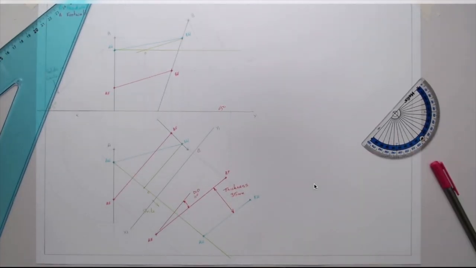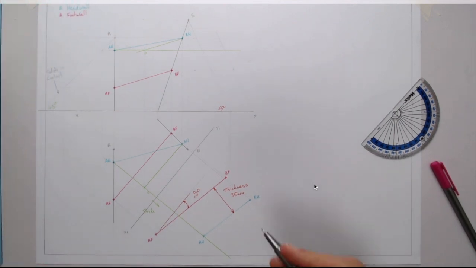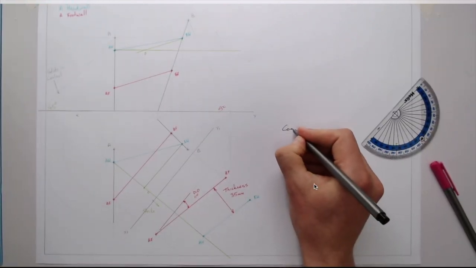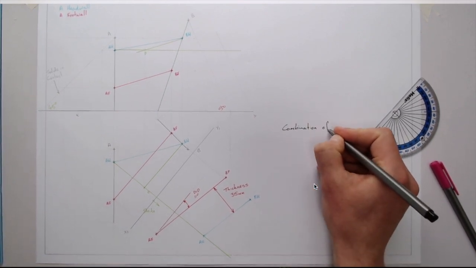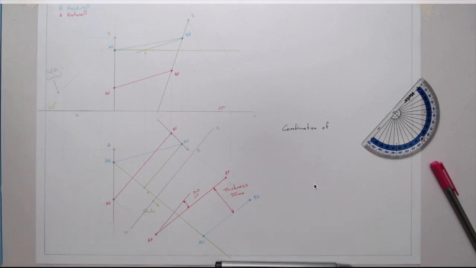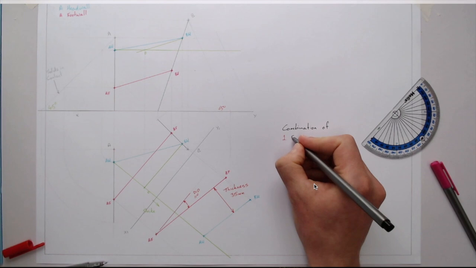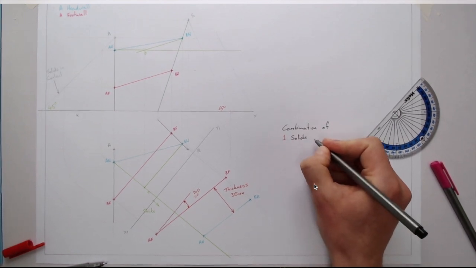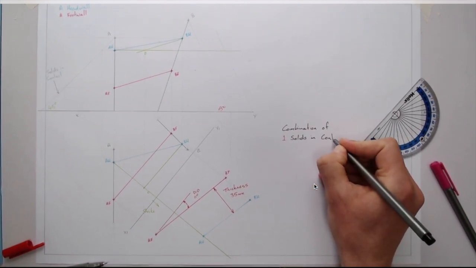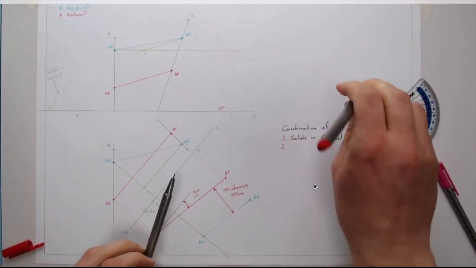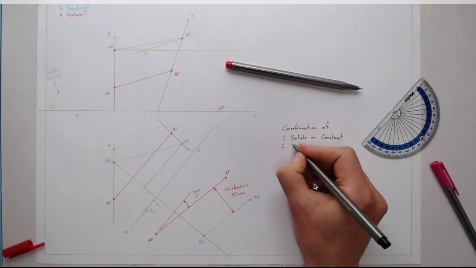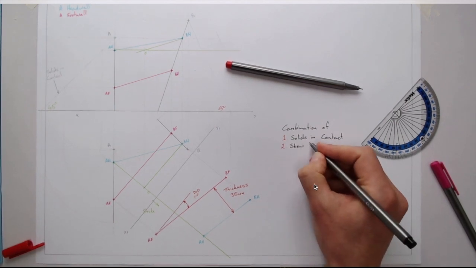Okay, so just a quick recap of that then. When we're looking at this, this is really a combination, number one, of solids in contact in the setup, and of skew lines in the rest of it.